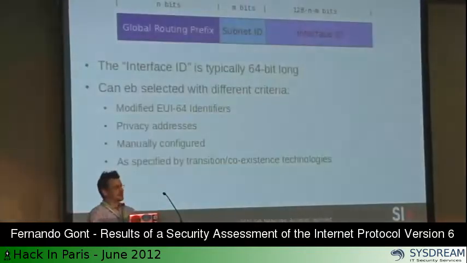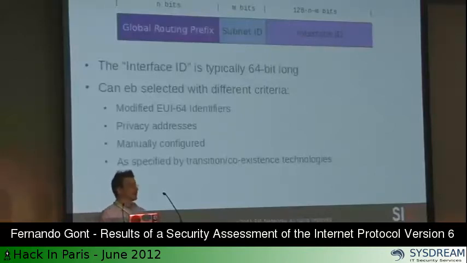Since this discussion, these next few slides, are going to be about host scanning attacks, the only address type that we are going to focus on is the global unicast addresses, which are, of course, the addresses that you use for communication on the public internet. So this is the syntax of IPv6 global unicast addresses. If you think about it a little bit, it looks very similar, if not exactly the same, as in the IPv4 case.